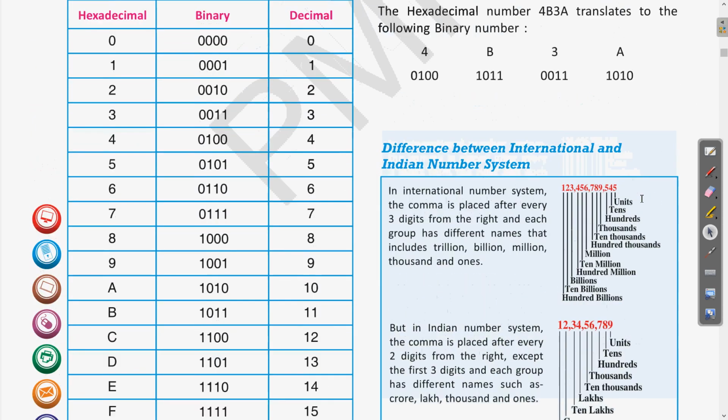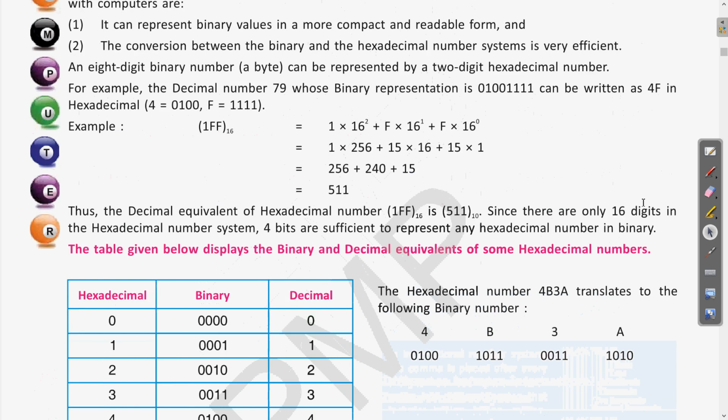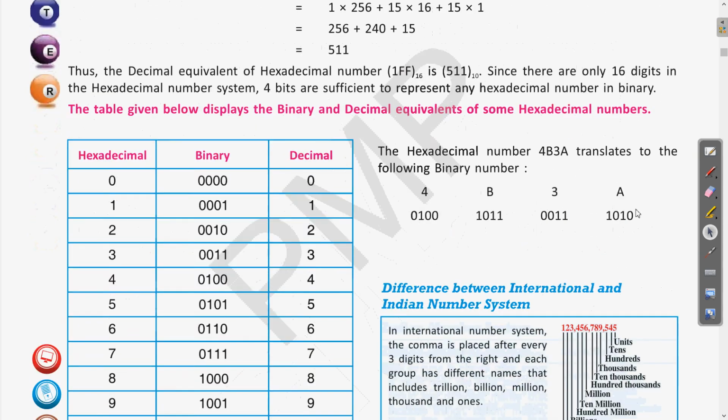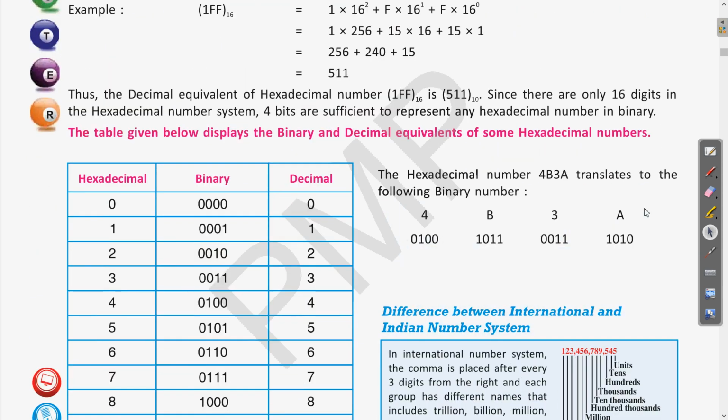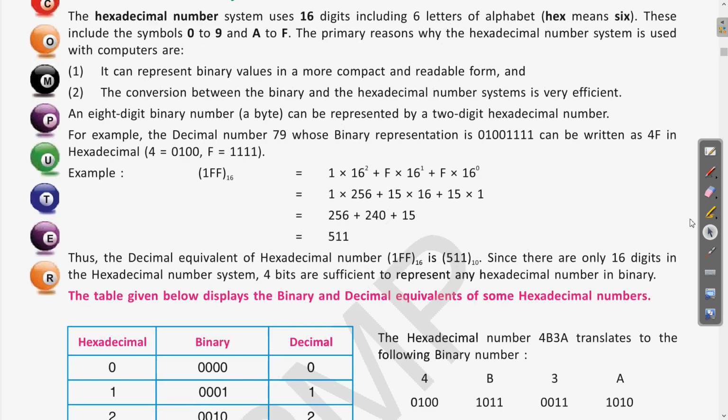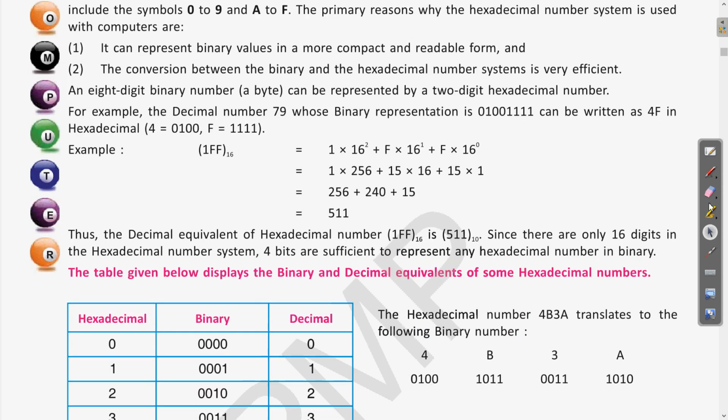So for today's homework, what you have to do? You have to find the decimal equivalent of a few hexadecimal numbers. Let us take a few questions. First question, take ABC. You have to find the decimal equivalent. This is hexadecimal.